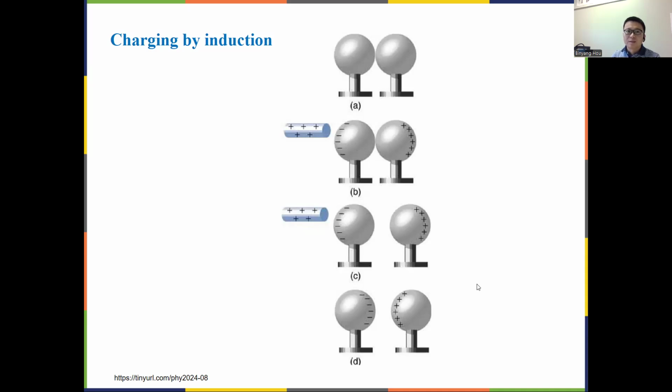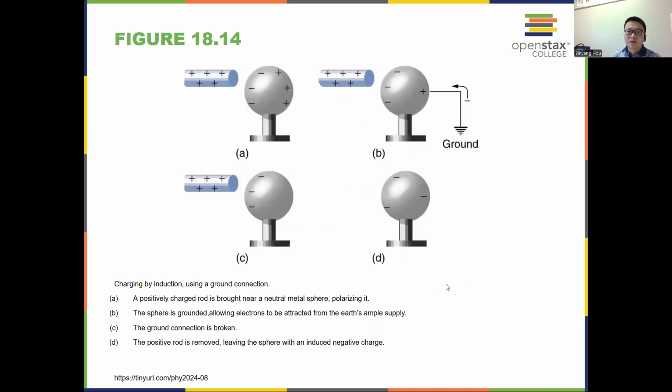The same mechanism applies if you just have one single piece of metal in contact with the ground. This is what you do first. First, do not ground it, but approach a positive charged rod close to the metal.